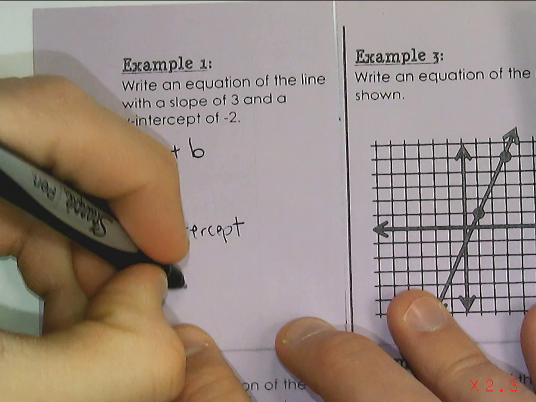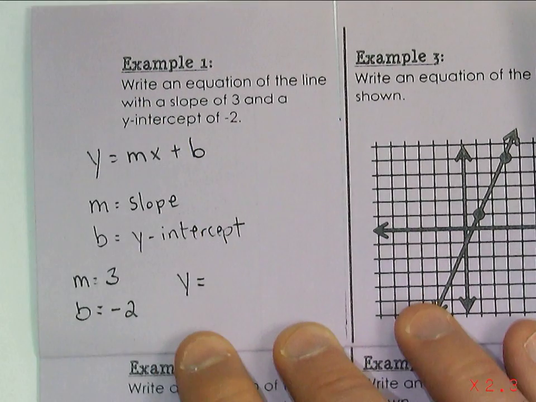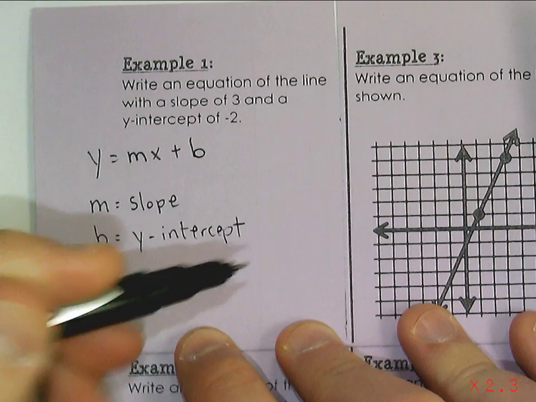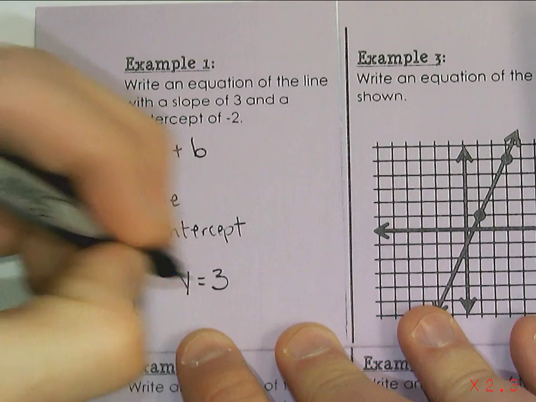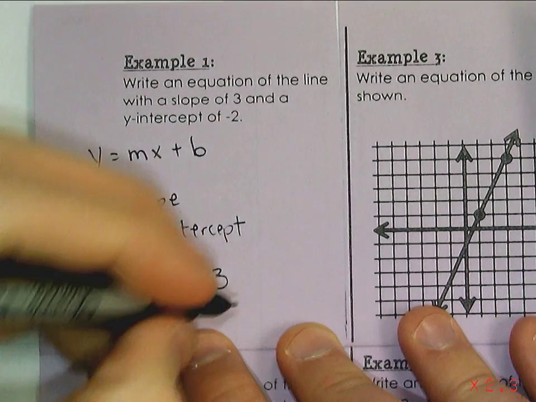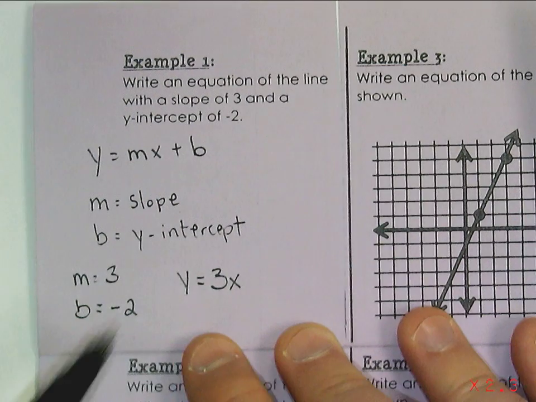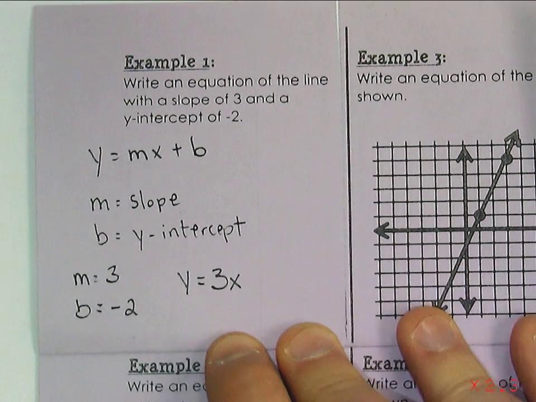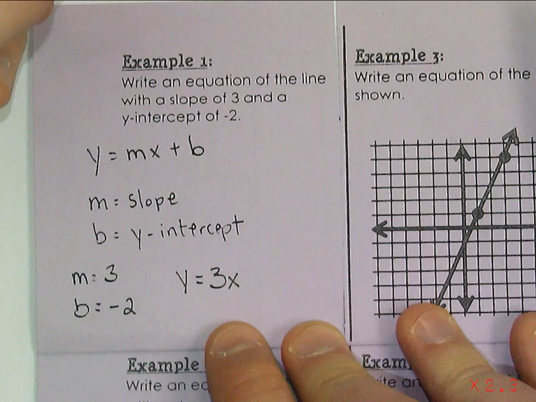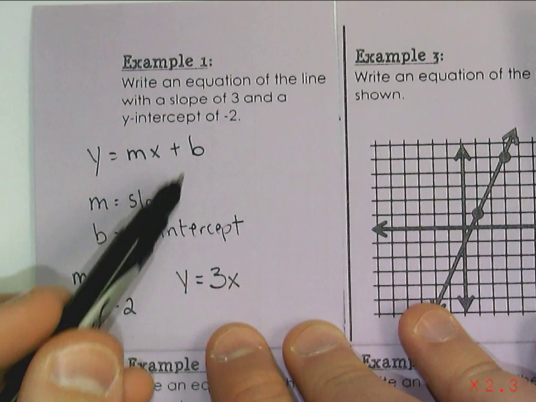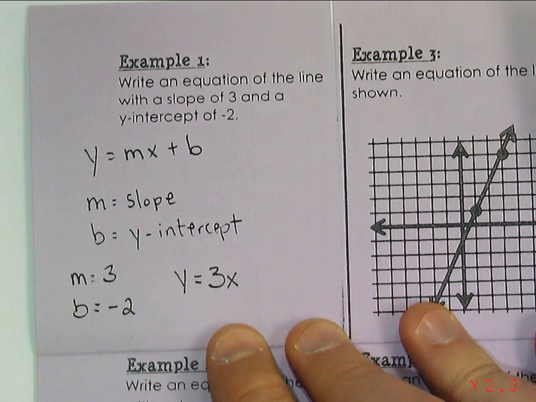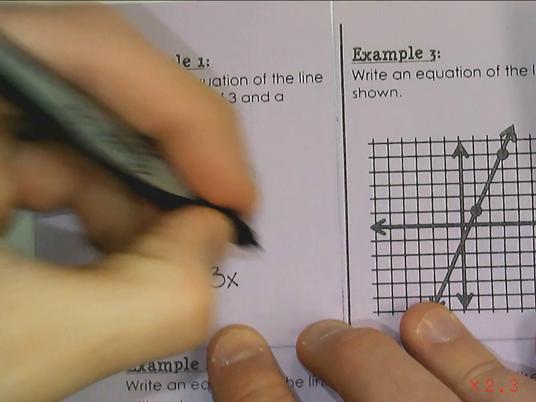So I know I'll always have y, I know I'll always have an equal sign. So I need to replace m with 3 because that's my slope, so the slope is 3. X will always be there because these will be like input and output points that you would get or possibly plug in. Now, at the end here it says plus b, but if we're given b as a -2, then we can just say -2.